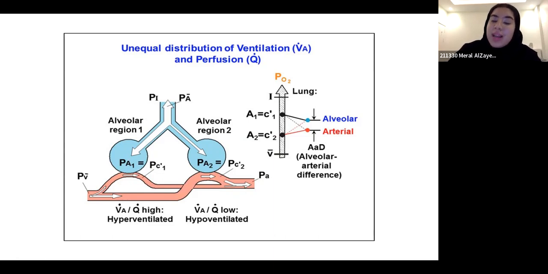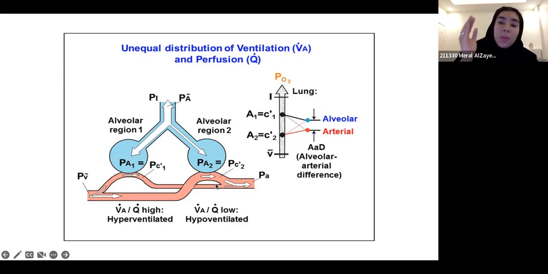So, in reality, however, our body's PO2 isn't only measured by one alveolus or one artery, okay? It's a mix. So, at the end, all of these will end up mixing somewhere, okay? So the alveolar partial pressure will be somewhere in between these. Because we just said alveolar region 1 will have high partial pressure of oxygen, and alveolar region 2 has low partial pressure of oxygen, but at the end they will end up mixing, right?